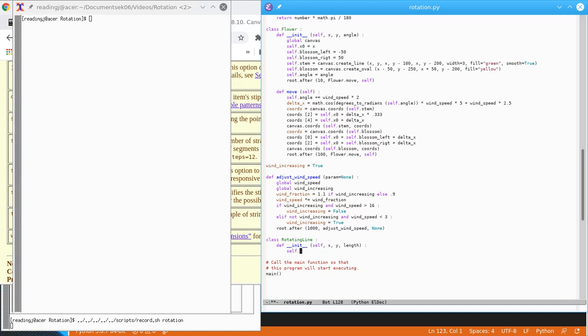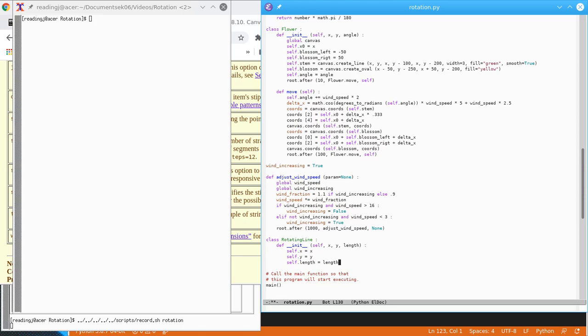So self.x equals x, self.y, and these could have different names. I just tend to do this where I name the parameter here the same as the instance variable here. Self.length equals length.